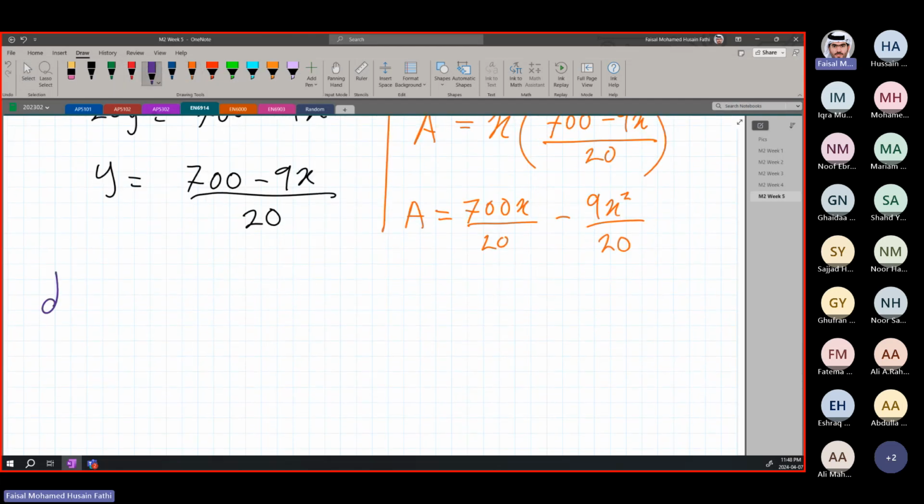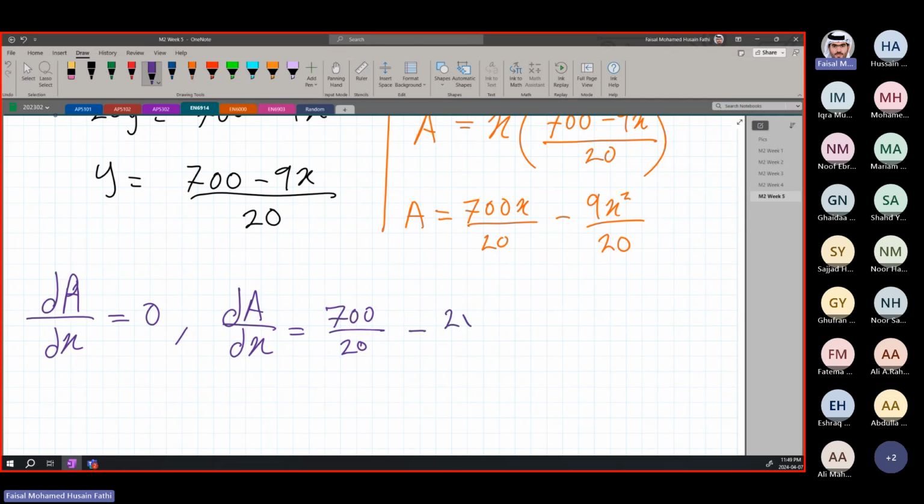What do we need to find? We need to find the differentiation of area dA by dx, which is equal to 0. So in this case, dA by dx is equal to 700 over 20 is just a constant. For x, the differentiation of x is 1, which is 700 over 20 times 1, which is just 700 over 20, minus 9x squared, 2 بنضربه فبيستوي 2 times 9x over 20. زين.